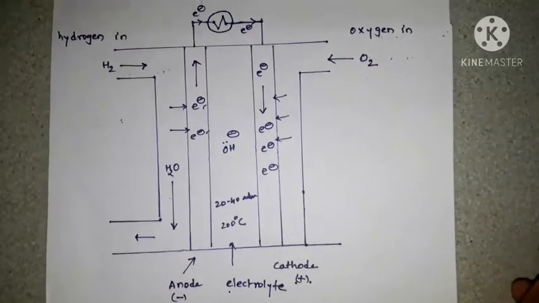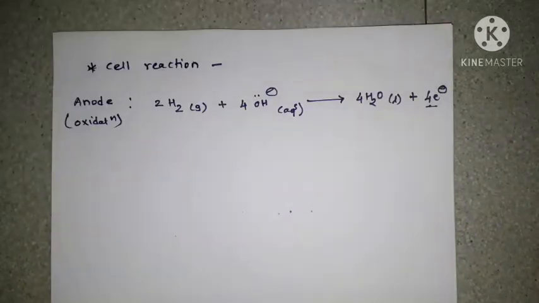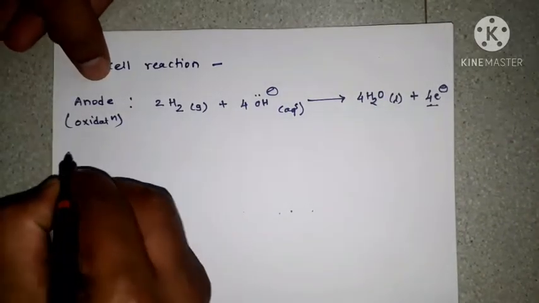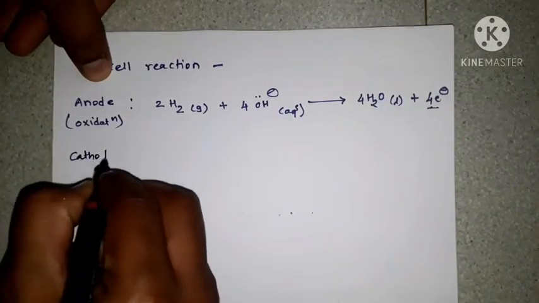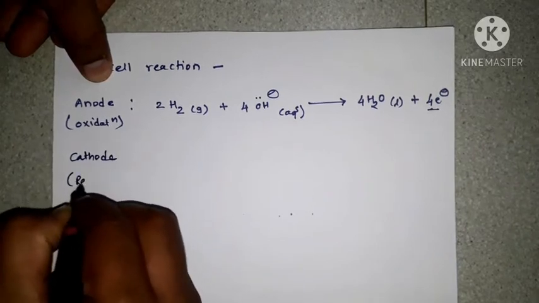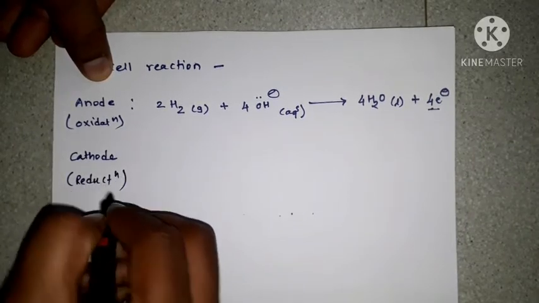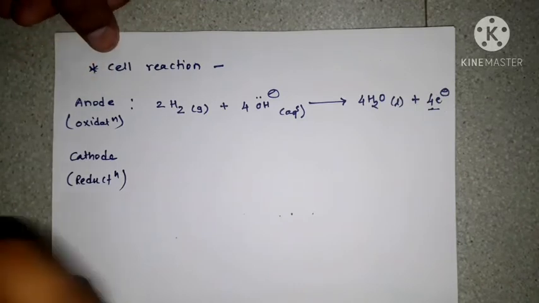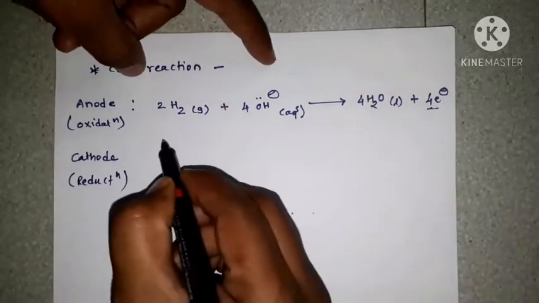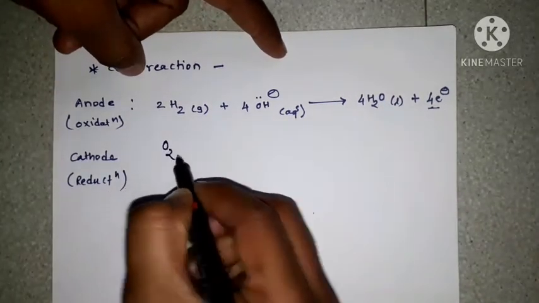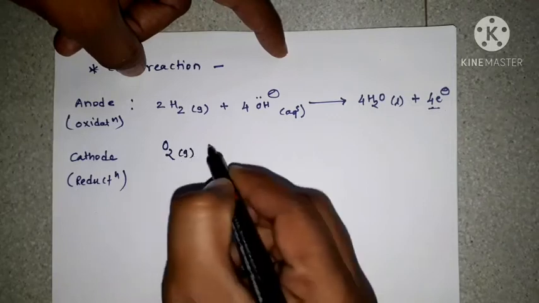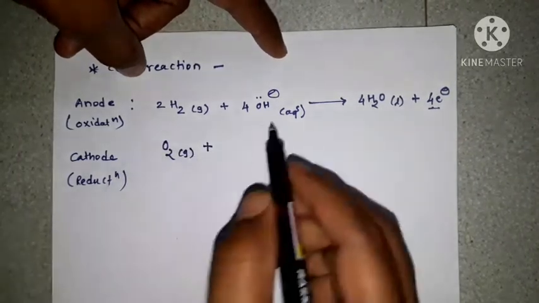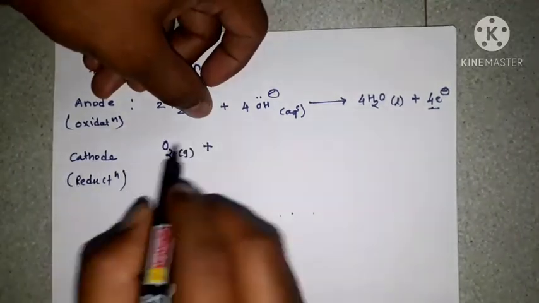electrode. Then the next is the half cell reaction on the cathode, that is reduction. Do you know what is meant by reduction? Gain of electrons is called reduction. So at the right side oxygen gas is continuously passed on the cathode and reduction takes place.